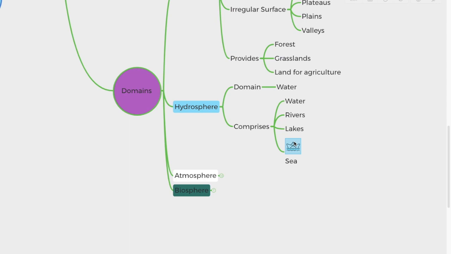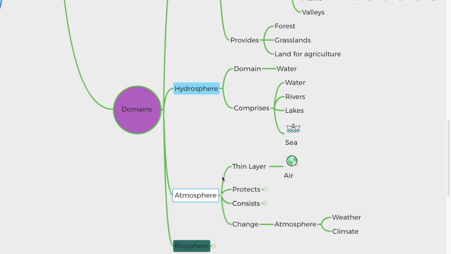Let's move on to atmosphere. So what is atmosphere? I'll make it even easier for you. Atmosphere is the thin layer of air that surrounds the earth. So all you have to remember is thin layer, air and earth. That's it. So you have a picture of earth in your head. What is atmosphere?